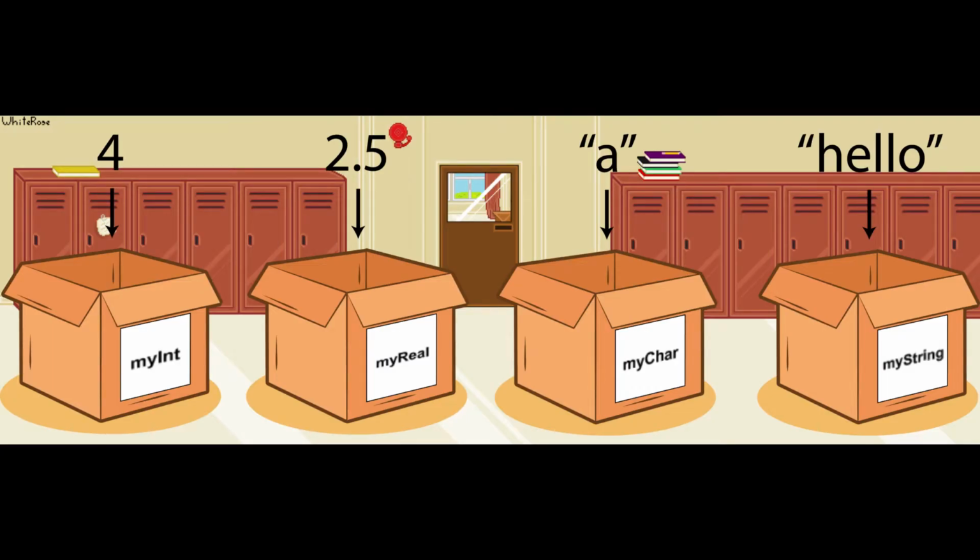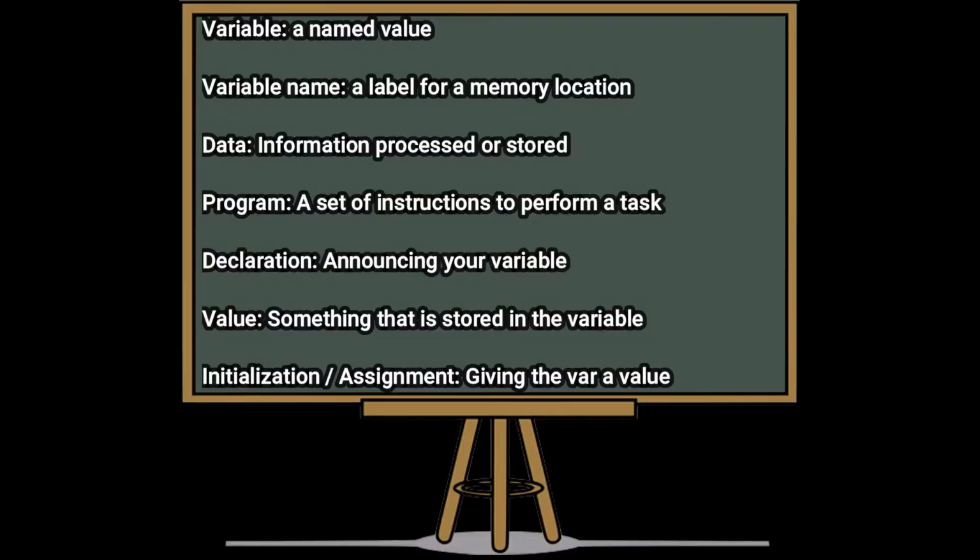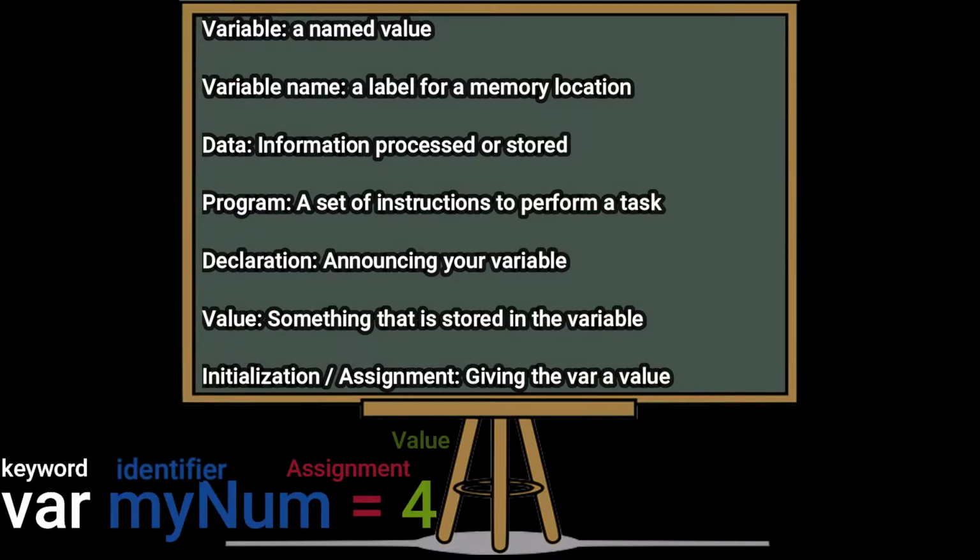Today, we're going to have a look at variables. As we begin our discussion of variables, here is some brief terminology on the board to help you. A variable is a named value, and a variable name is a label for a memory location where that named value is stored. Data is information that's processed or stored, and in actual fact, data doesn't become information until it is processed.